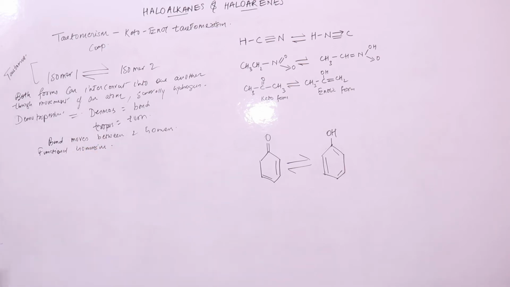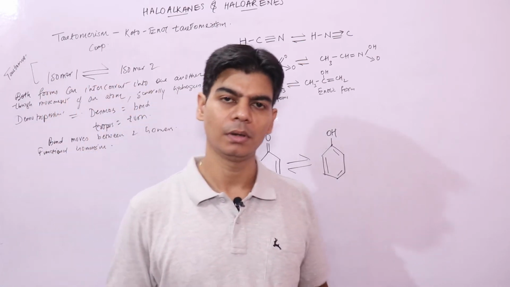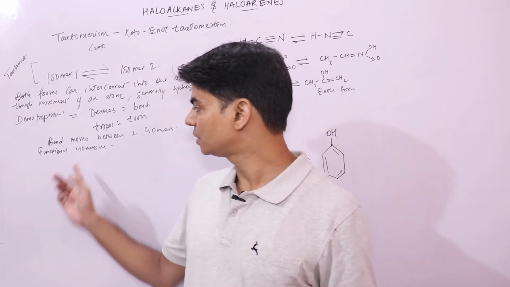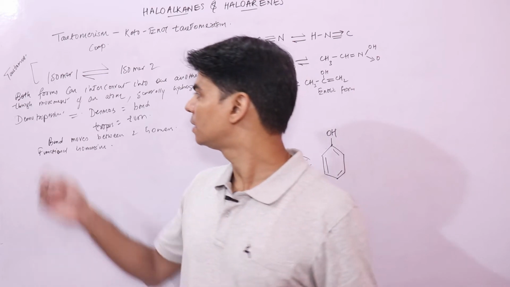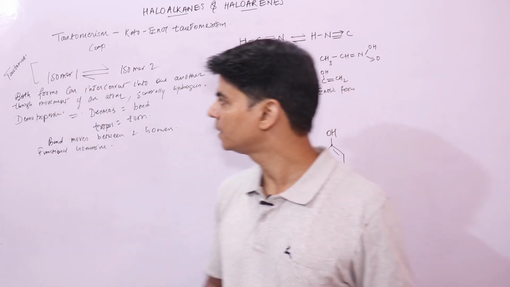Now let's just recall. We said that tautomerism is a special type of functional isomerism. When we say functional isomerism, we mean that these two isomers have different functional groups.